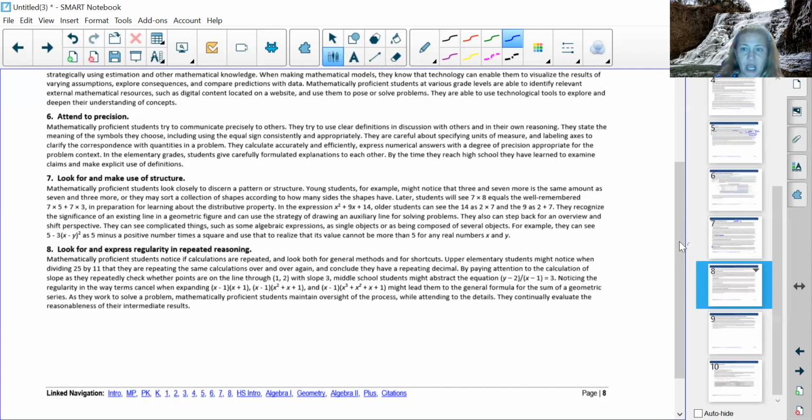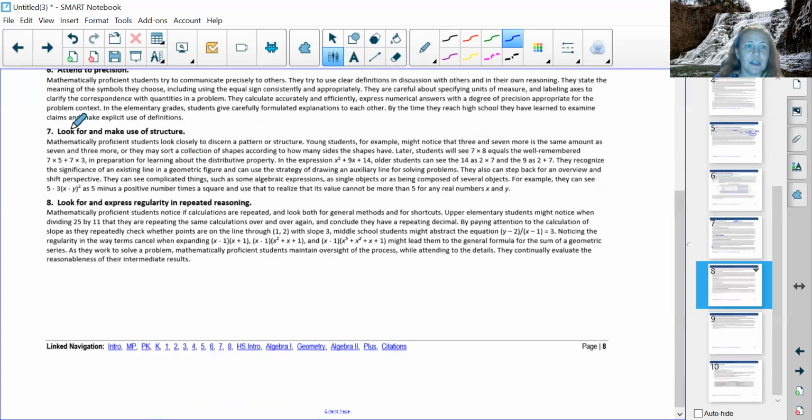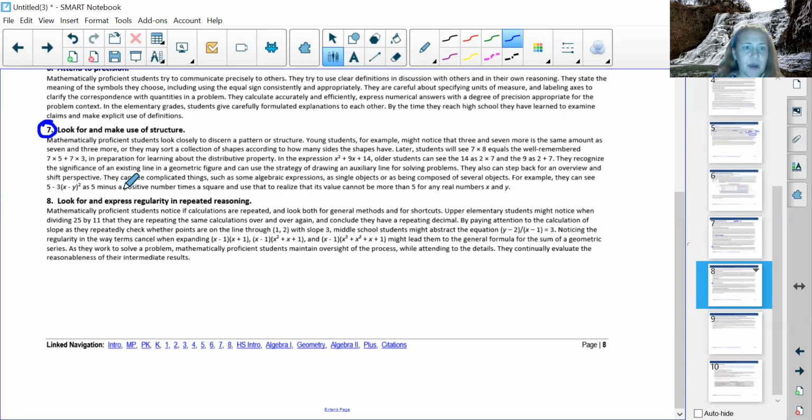Okay, so that's precision. So when you read the look for and make use of structure, you got the Aaron Harris version of look for and make use of structure, right? You got my interpretation of this standard. When you read what they write, it's different than how I described it. And then look for and express regularity and repeated reasoning. Later on, I have a lesson from my pre-calc curriculum that I'm going to show you that I think is a prime example of what this SMP, this standard of mathematical practice, can look like in a lesson.